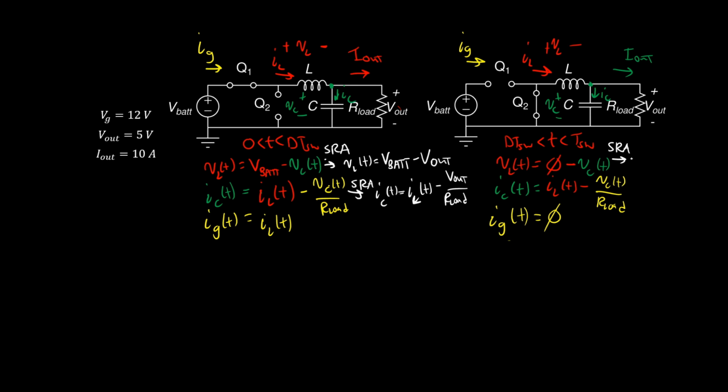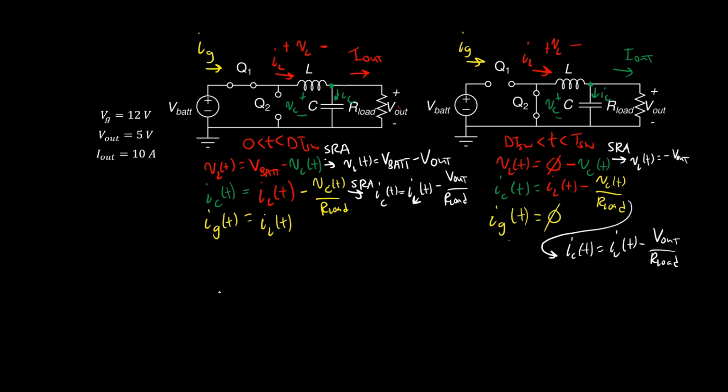So VL of T is equal to minus V out. And continuing down here, IC of T, after we apply small ripple approximation, is equal to, again, the full signal, IL of T, minus V out over R load. And this is just 0, and again, we can't apply small ripple approximation to IL of T.